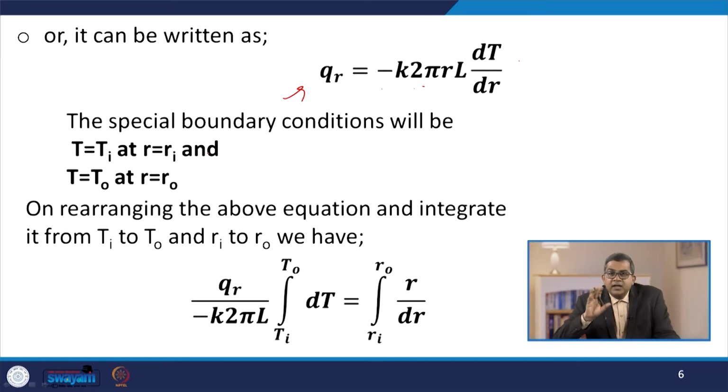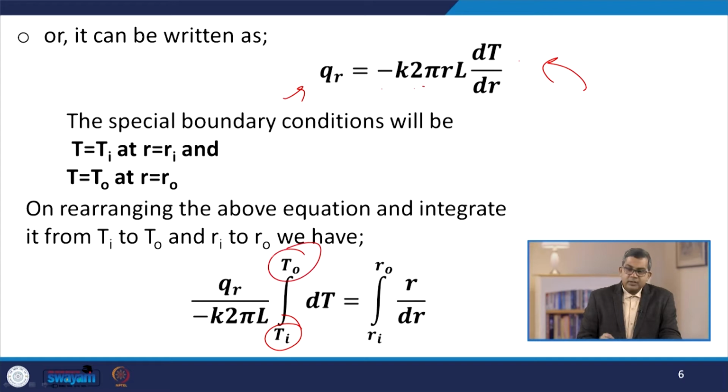If we rearrange this equation and integrate it from Ti to T0, we can write Q_R over minus K 2 pi L integral dT from Ti to T0 is equal to integral dr over R from Ri to R0.